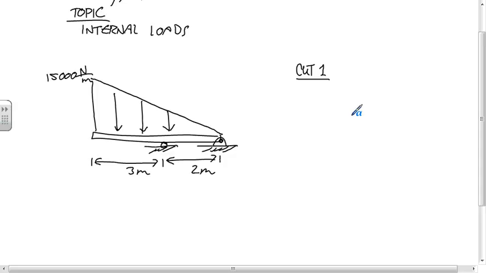So the first cut is going to be valid for x from 0 to 3. And you can see that in this cut, there aren't actually going to be any reaction loads, so we can just go straight to calculating the internal loads in the first cut without figuring out what these are. And so the cut is going to look something like this.